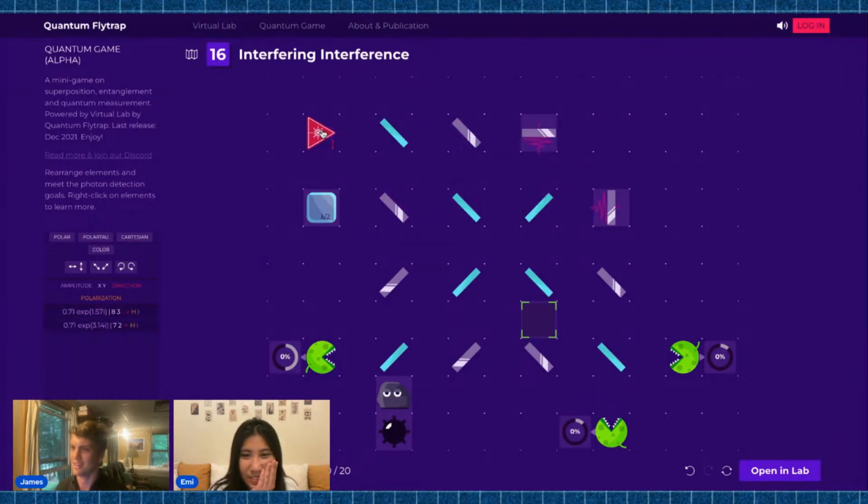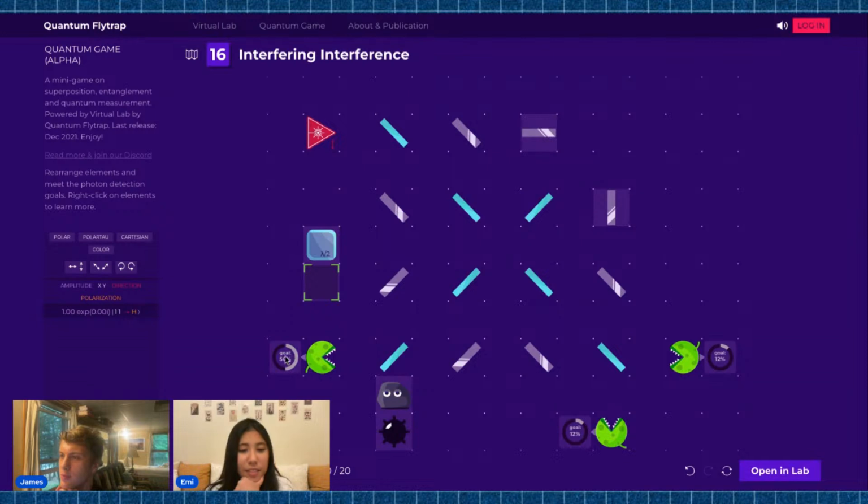I think we're doing a lot of trial and error here. Yeah, this is complex. Maybe let's think about this rationally. So we want 50% in the very left detector. We want 12% to the very right and 12% to the very bottom. Meaning we need to find a way of getting half of the light directed to this bottom detector.